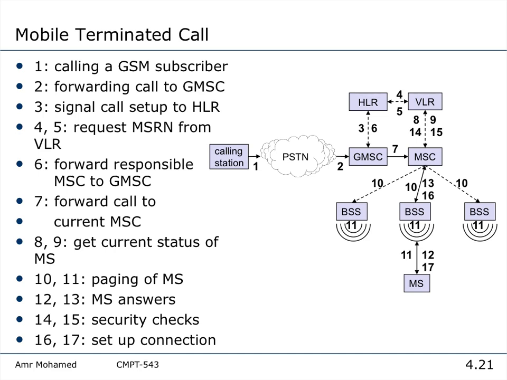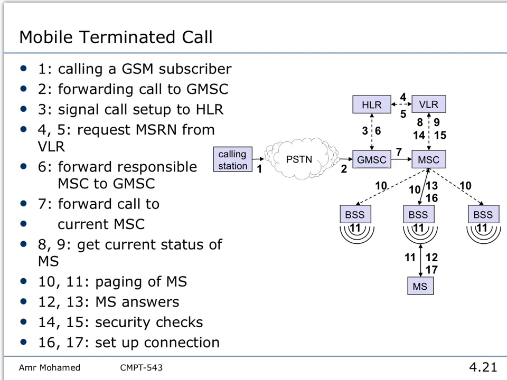This is the paging. We talked about paging. So what is the signaling as part of the paging procedure? This talks about making a phone call from one landline as part of the PSTN, the Public Switched Telephone Network, which is landlines.